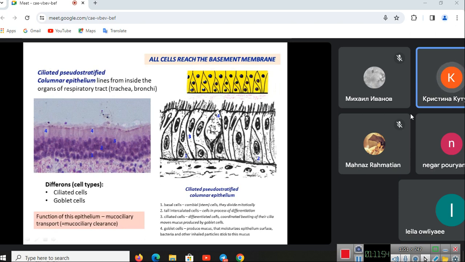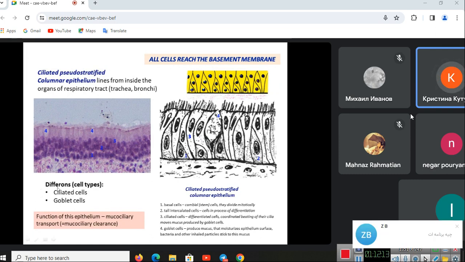They look the same, their function is the same, also to produce mucus and release it to the surface. And what about ciliated cells? Ciliated cells have cilia upon their surface, and so here in this epithelium we have two cell types, or two differons, of ciliated cells and goblet cells.